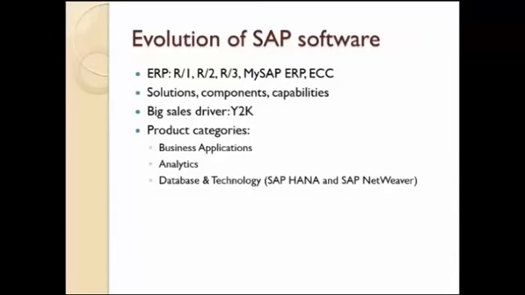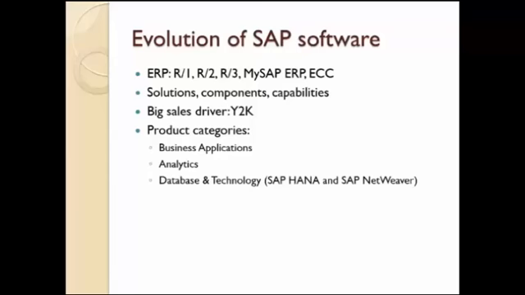Let's talk about the evolution of SAP software in this section. As you may know, SAP got its start in ERP software. When they first started, there was only one module for financial accounting, and at that time the software was known as R1.